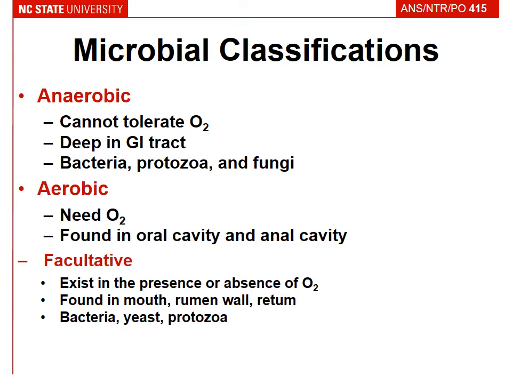And they're basically found all throughout the GI tract: mouth, rumen, and the rectum. And these also include bacteria, yeast, and protozoa.